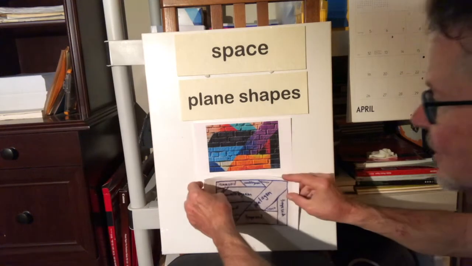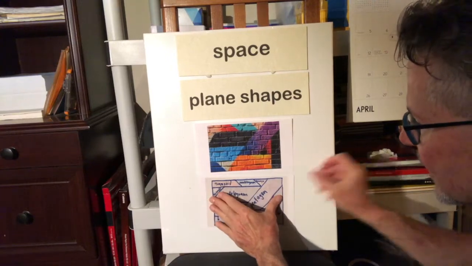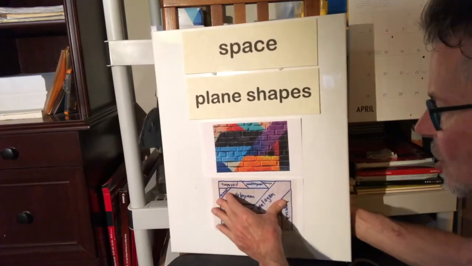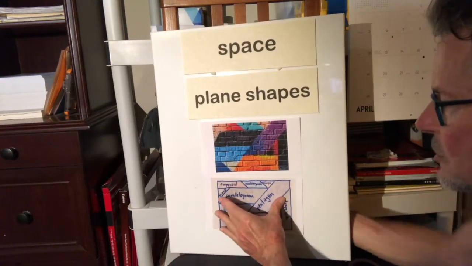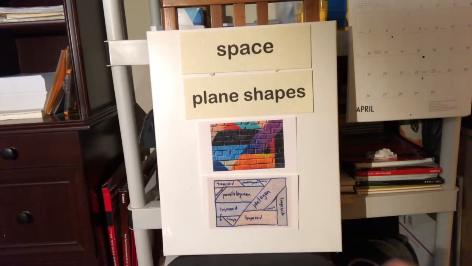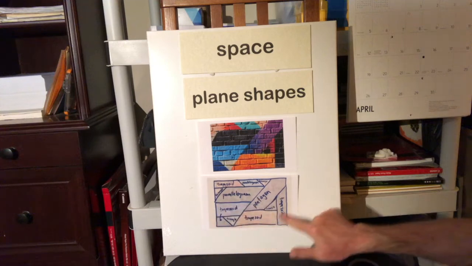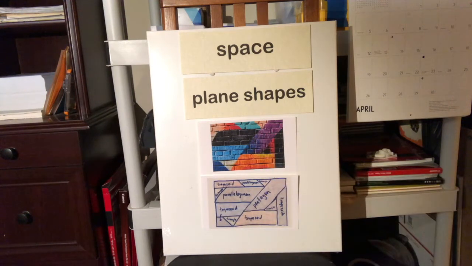So what I've got here is a diagram. Remember, a diagram is a picture that might have words in it that's going to teach us about something. These are all the plane shapes that are in that piece of art.